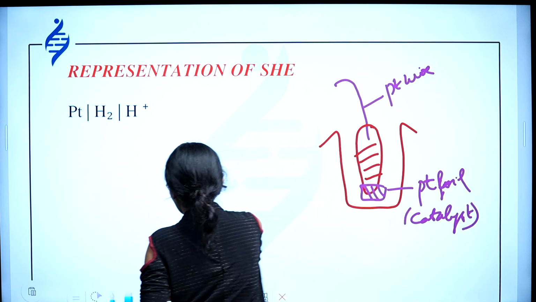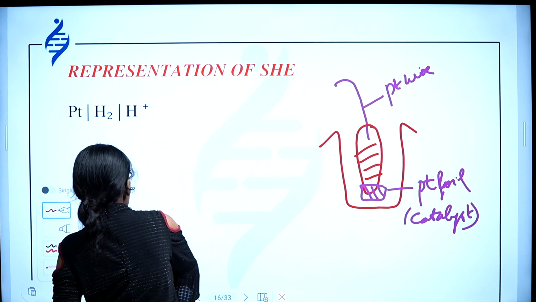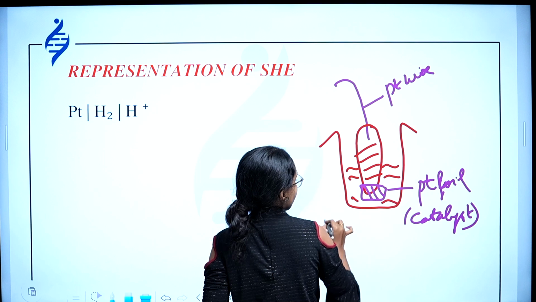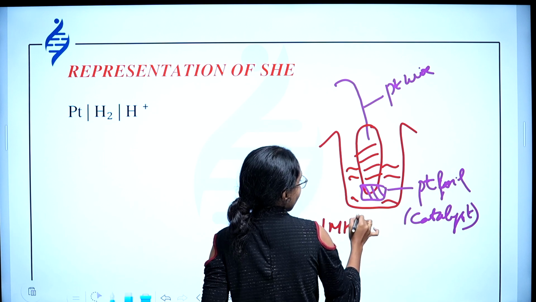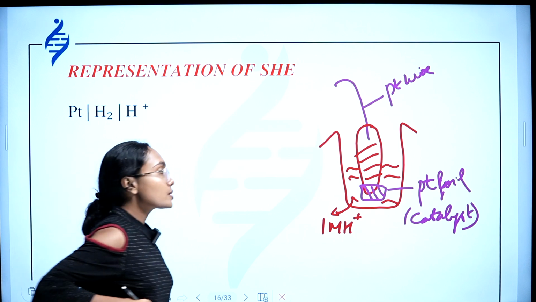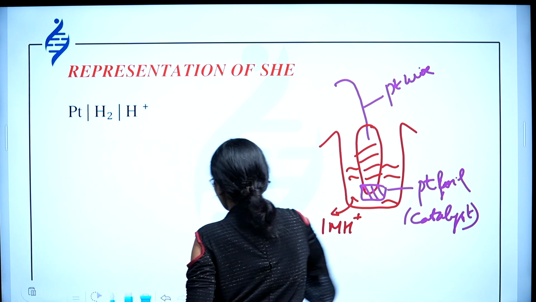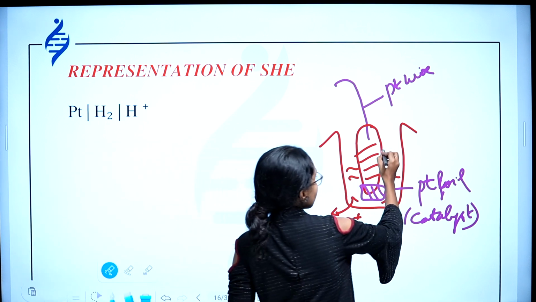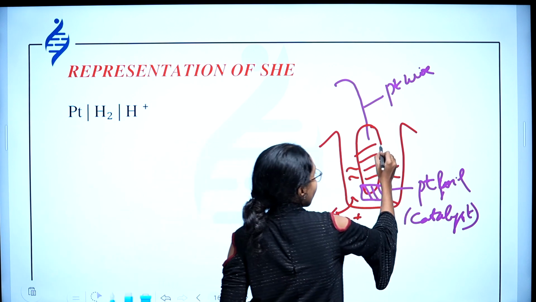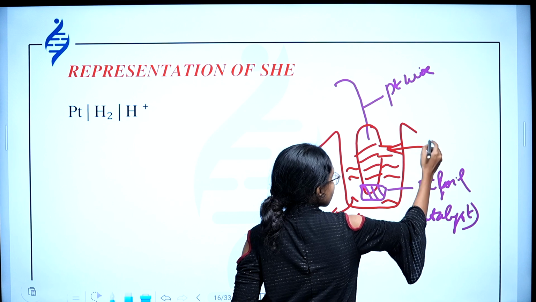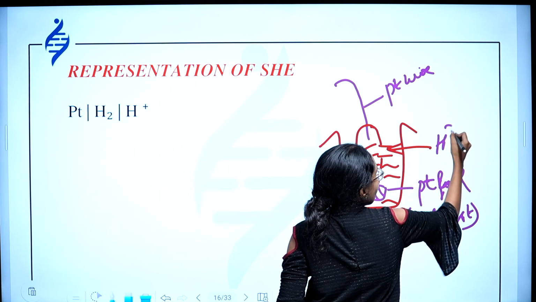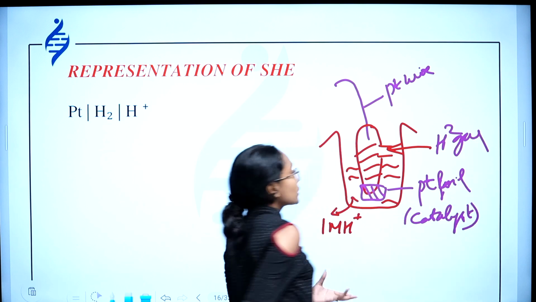Now, the electrolyte which I am using here is 1 molar H plus. 1 molar H plus is used as the electrolyte. Also, here I have a small aperture through which, at high pressure, H2 gas is passed to the glass tube.